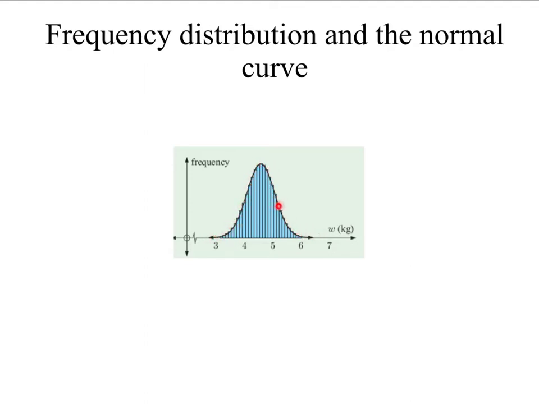The idea of the normal curve is that it approximates this symmetrical bell-shaped frequency distribution. So instead of making the bar chart for all of our data that's distributed normally, we just draw the smooth curve, which represents that symmetrical distribution of data where the majority of the data is down the center and it is symmetrical on either side.